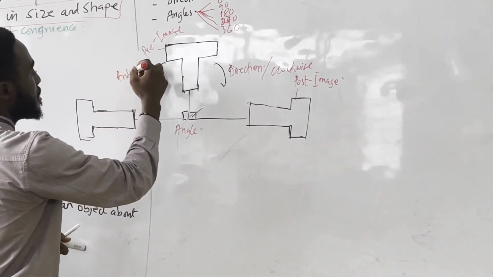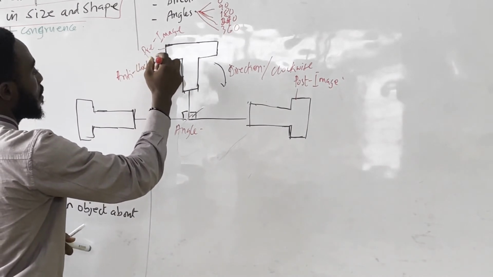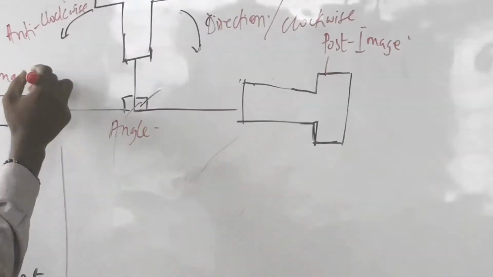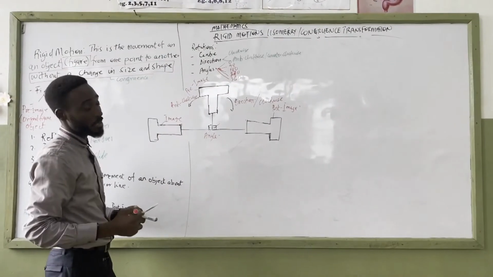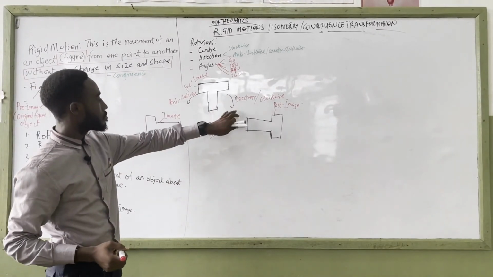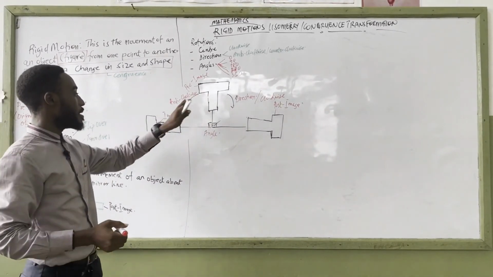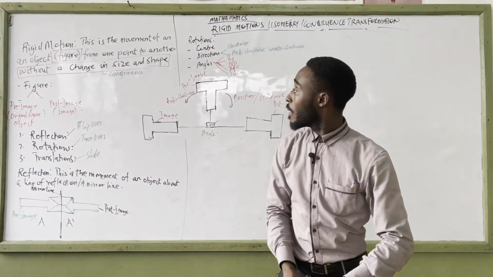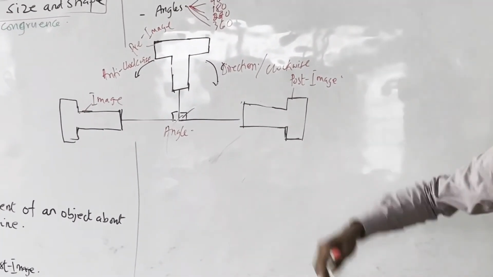So pre-image, we have this as our image. Basically, that's what it is. So post-image, pre-image, and then image, all being rotated at various angles. So this is what we see as rotations.